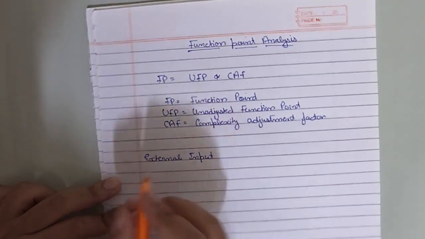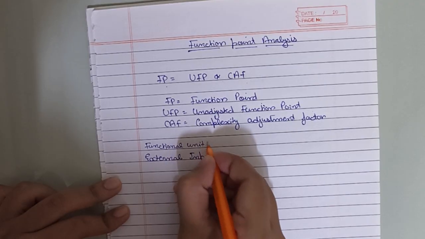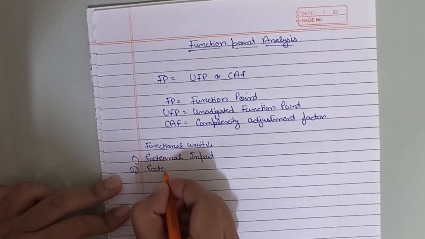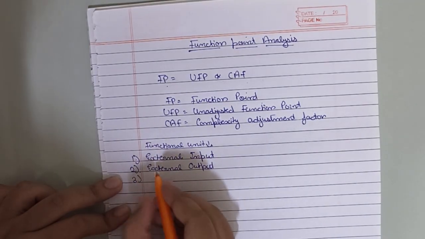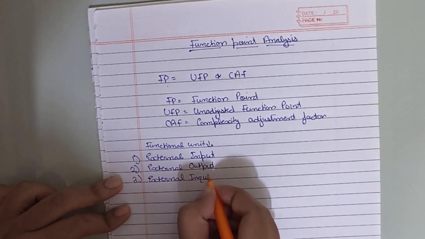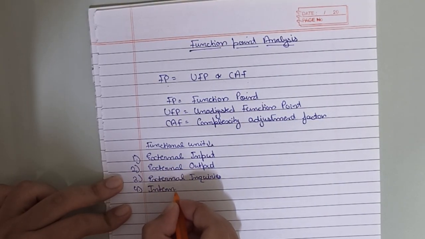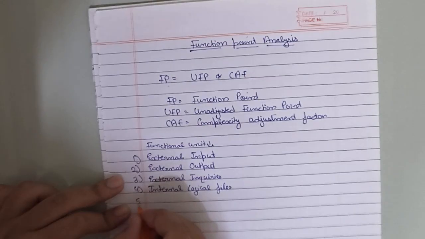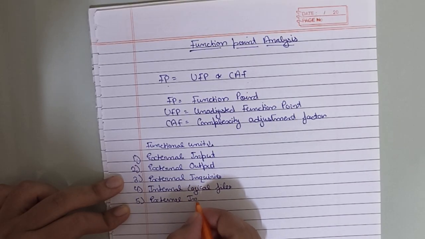This is the first functional unit. First external input, second is external output, third is external inquiries, fourth is internal logical files, and the last one, fifth, is external interface files.